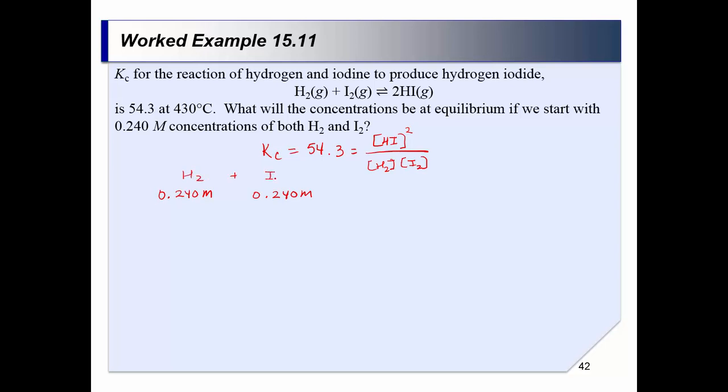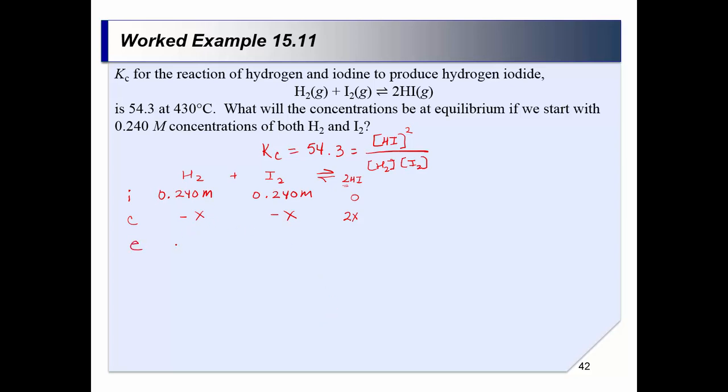Well, I'm going to write down my reaction here. And so my initial concentration is my 0.240. My change is going to be some value x. But because I have this 2 here, that's going to be 2x that I'm changing it into.